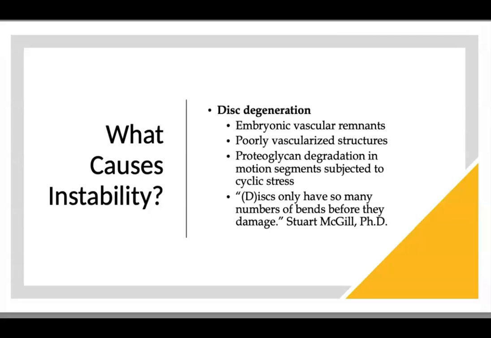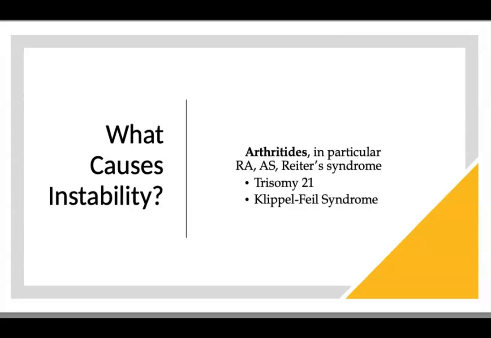And Stuart McGill is quoted as saying that discs only have so many bends before they get damaged, right? We can withstand a significant amount of pressure and compressive loads, but repetitive things over time end up taking their toll in regards to disc degeneration. Different types of arthritides can also lead to progressive instability: rheumatoid arthritis, Reiter syndrome, ankylosing spondylitis as well.